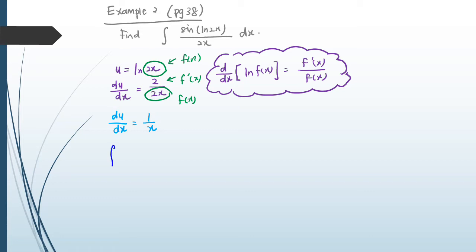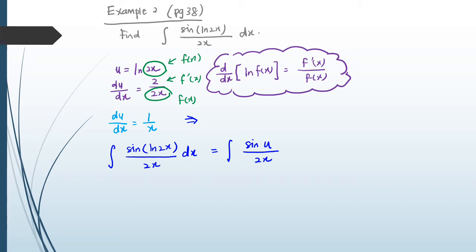Substitution simply means changing all x terms into u terms. So what should I do? You will have to change all x terms into u terms, and hence I should be getting sine u over 2x and dx. What is dx?